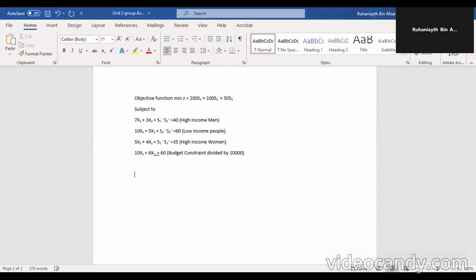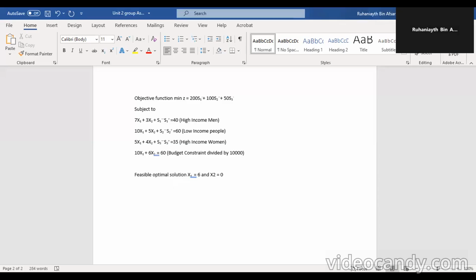Okay, from the last section, after the graphical solution, we get the feasible optimal solution: x1 is equal to 6 and x2 is equal to 0.